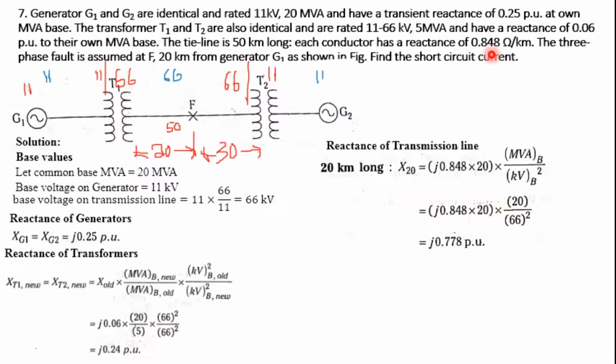We have 0.848 multiplied by 20 for the length of the line, MVA base is 20, and the voltage on the transmission line is 66. We'll get 0.778 per unit. For 30 kilometers, similarly multiply by 30, MVA base 20 and 66 squared. We will get 0.1167 per unit.